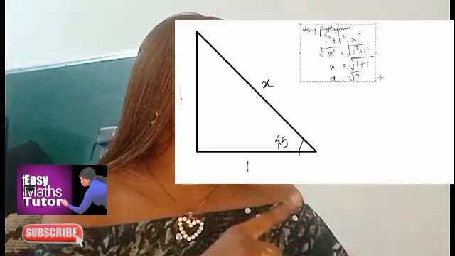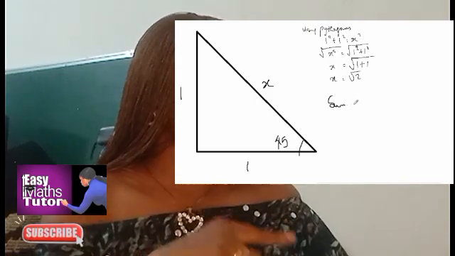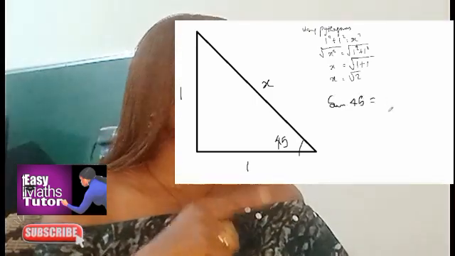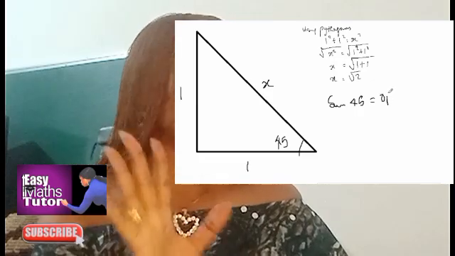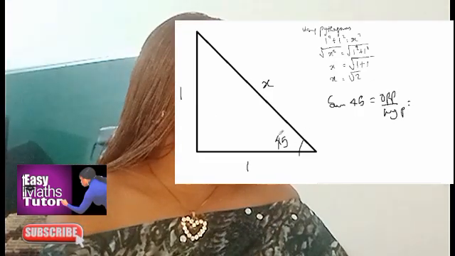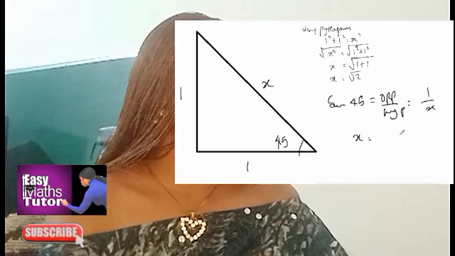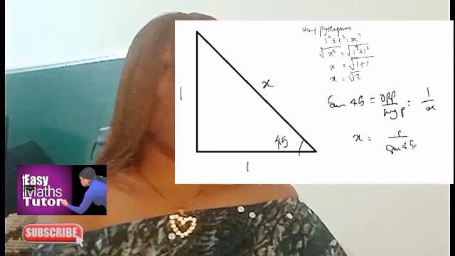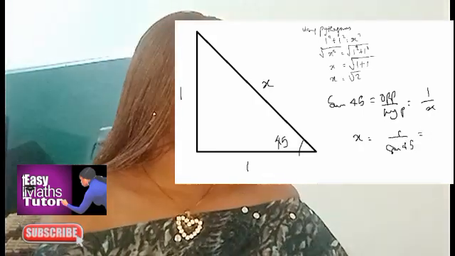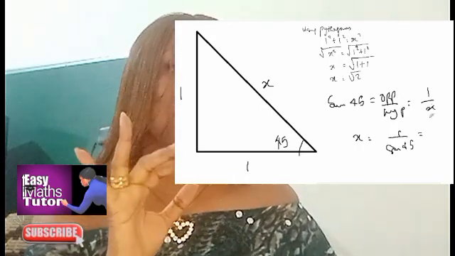So sine 45 is equal to opposite over hypotenuse, which is 1 over x. Therefore, we make x the subject of the formula, giving us 1 over sine 45. We know that sine 45 is root 2 over 2. So if you flip it over, you will have 2 over root 2.